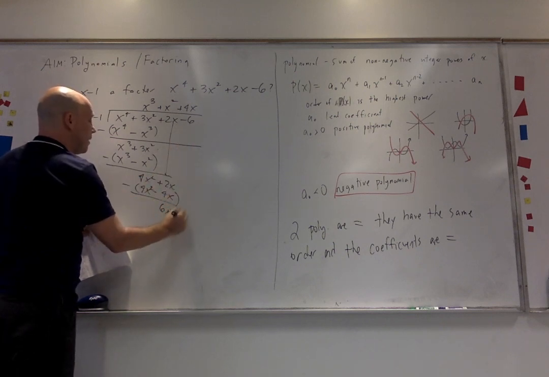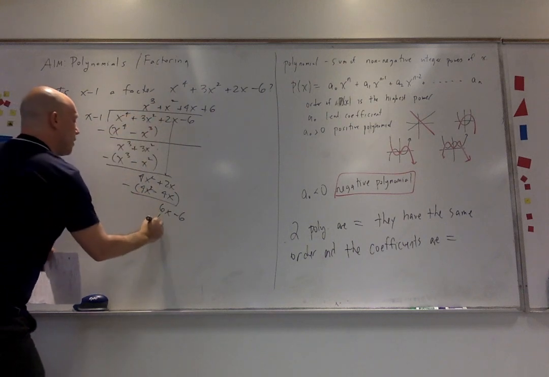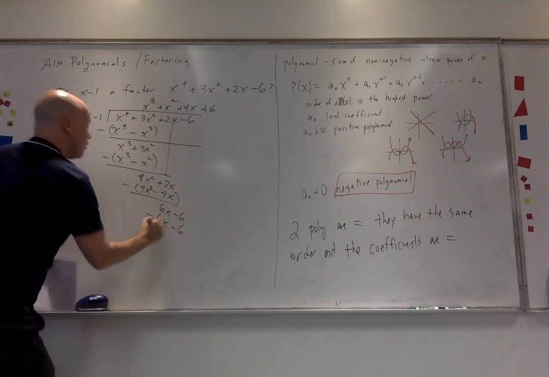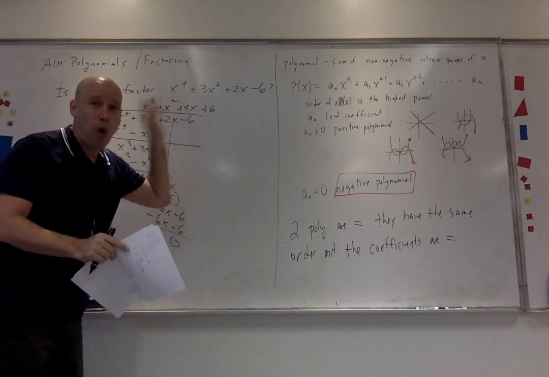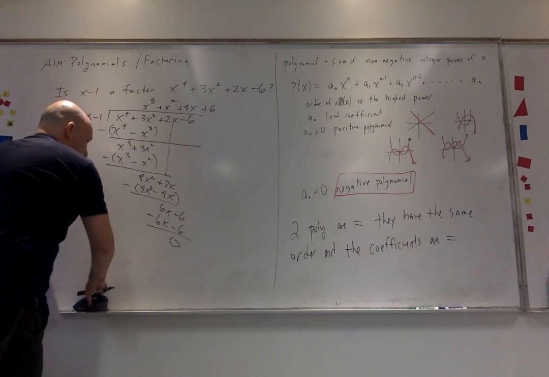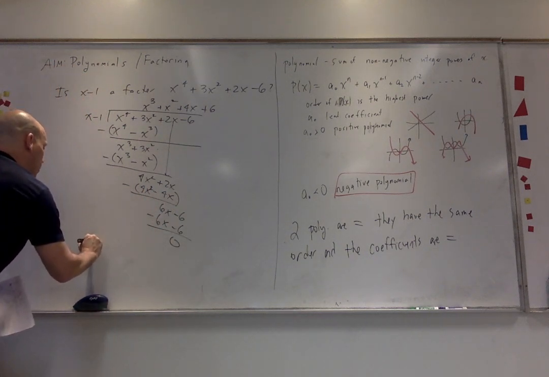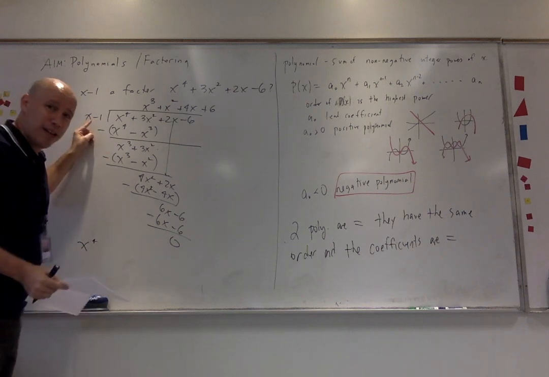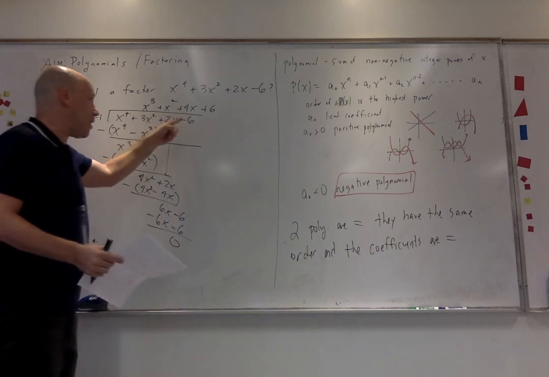Bring down the minus 6. You do 6x minus 6. So, old school. Yes, we would say x minus 1 is a factor of x to the fourth plus 3x squared plus 2x minus 6.